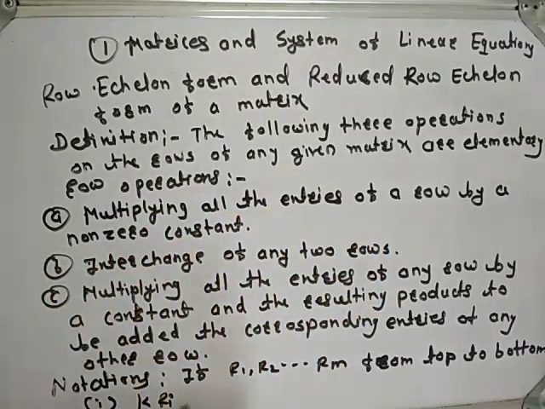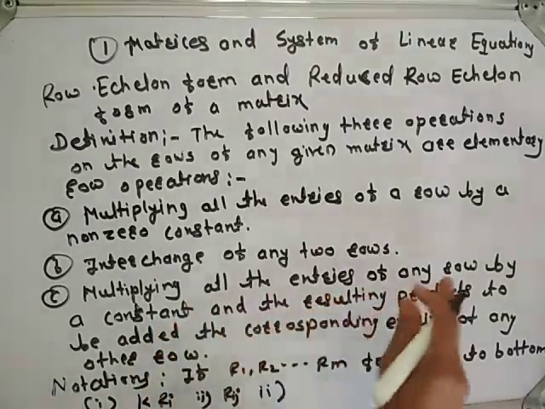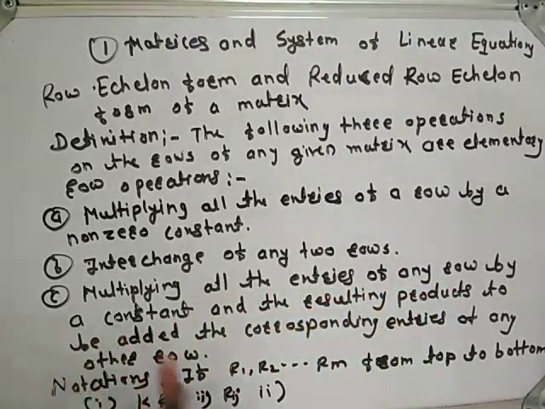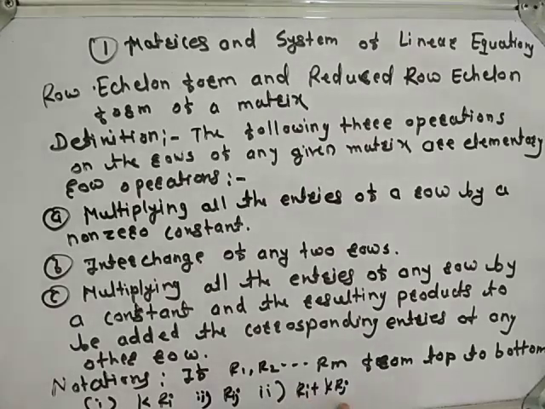Second is interchange of any two rows, that is Rij. Third one is multiplying all the entries of any row by a constant, suppose k into Rj, and the resulting products be added to the corresponding entries of any other row, that is Ri plus k into Rj.